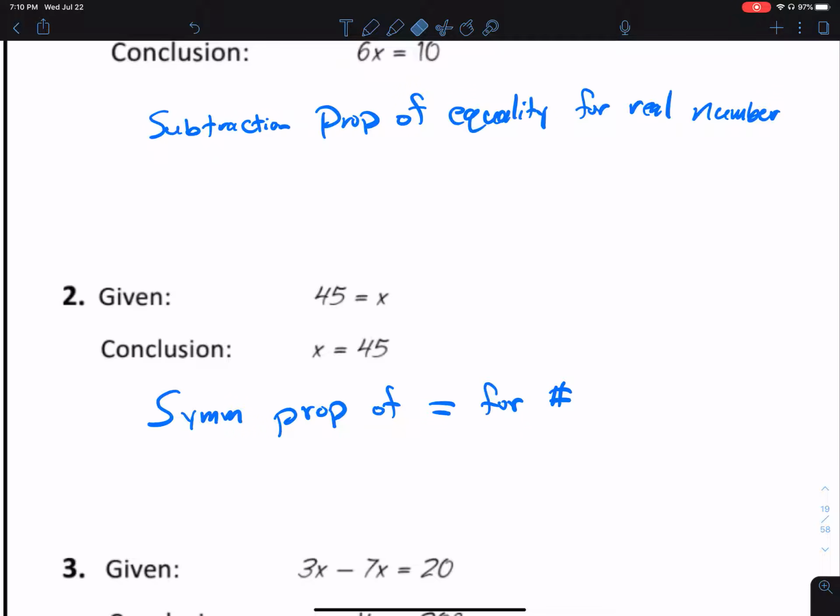Actually, let's not do that. Let's do this. A capital printed R with an extra vertical bar in it is a symbol for real numbers. Symmetric property of equality for real numbers. That's the best we can do for that. Be careful if you abbreviate subtraction that you use 4 letters, because if you don't, it could look like substitution.